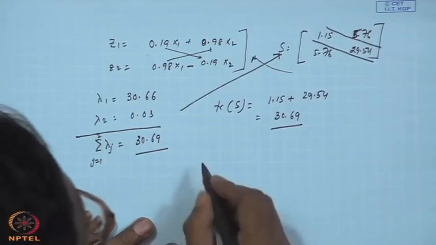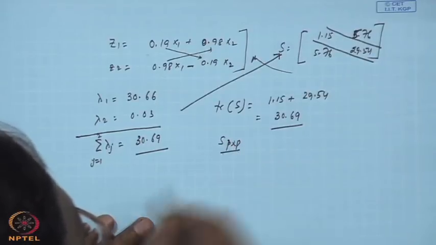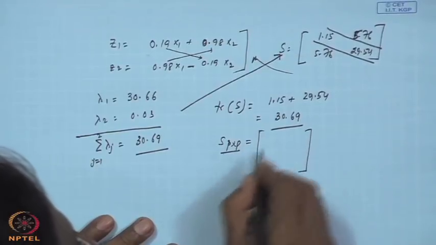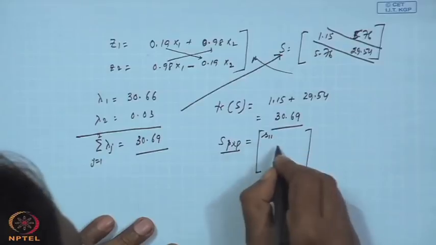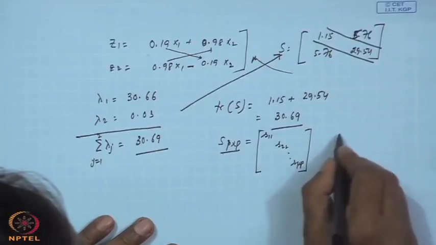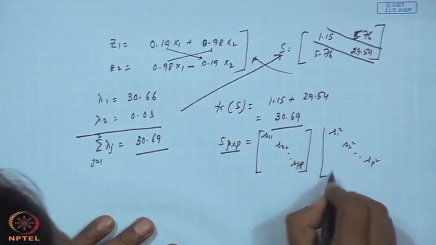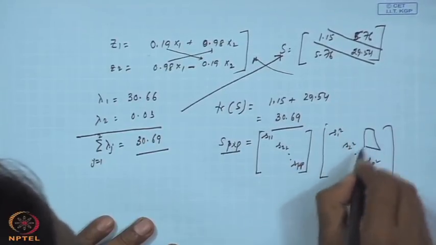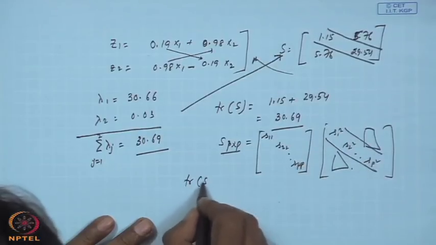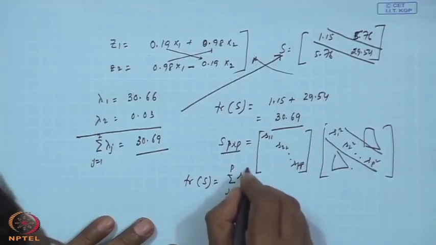Okay. Now, if S is a p cross p matrix, then you will be getting like this. Suppose we are using sample S11, S22 like this, Spp. Other way you can write S11 equal to s1 square, s2 square like this sp square, that you will be getting, and definitely there are off diagonal values also there. But trace is this. So, I can say trace of S is nothing but sum total j equal to 1 to p of sj square.